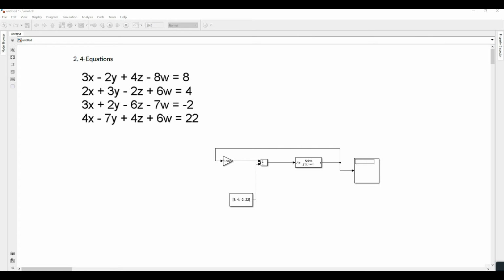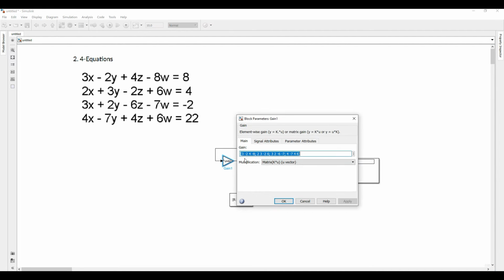So for our next problem, we have here the 4 equations. So just like what we did in the 3 equations, we also use a matrix, which is the 4 by 4. So we have here the input, which are gain. We have 3, negative 2, 4, and negative 8, and then 2, 3, negative 2, and 6.